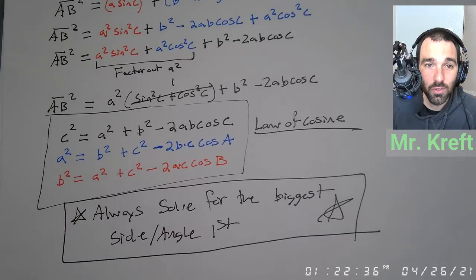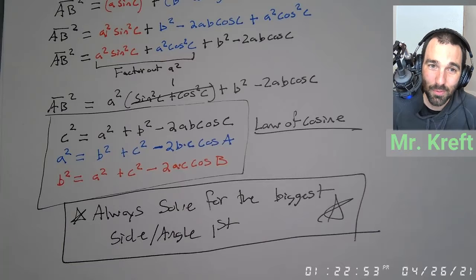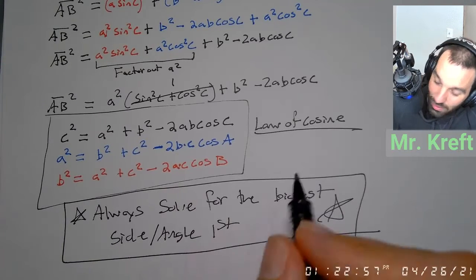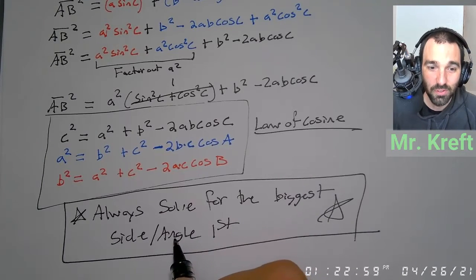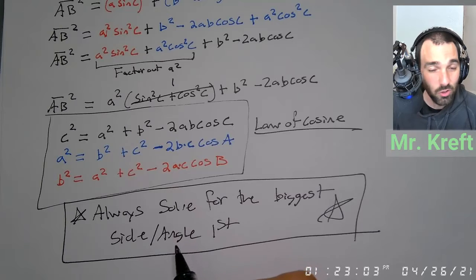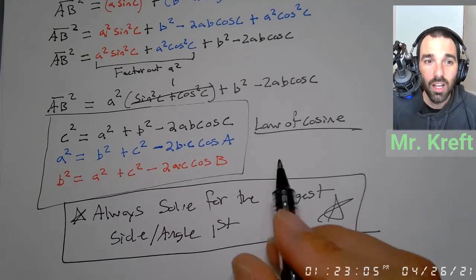Remember, cosine has unique values from 0 to pi, whereas sine has unique values from negative pi over 2 to positive pi over 2. So because of that, if you solve for the short one first, sine won't work for the second one. You have to do the biggest first because cosine can do the biggest first. You guys remember with sine we couldn't do the biggest first. You had to do the acute first, right?